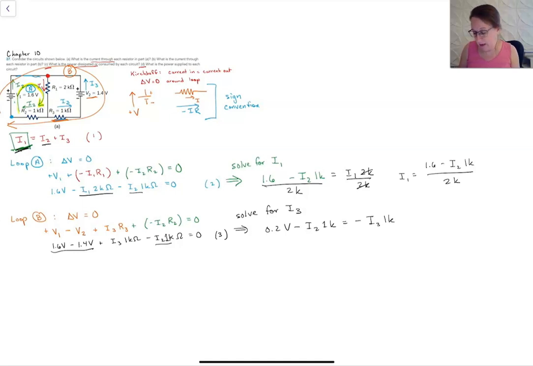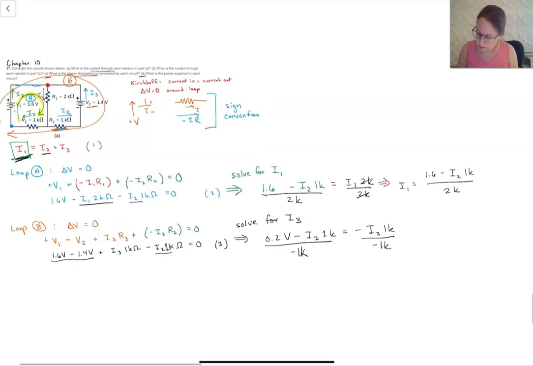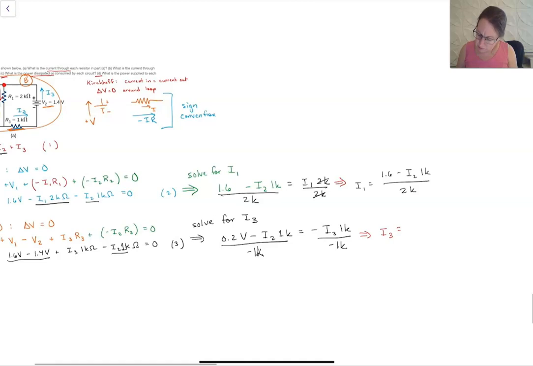Again, I can divide through by minus 1K to get an expression that says I3, because the I3 will be by itself now, is equal to 0.2 volts minus I2 1K, all divided by minus 1K. Okay, so I've got an equation for I3. I've got an equation for I1.